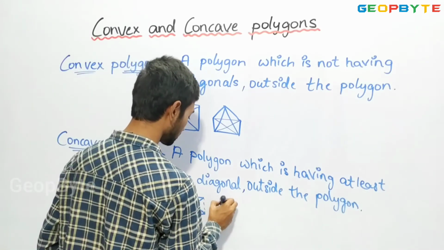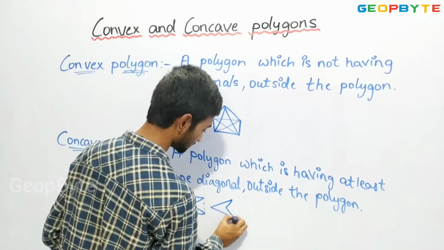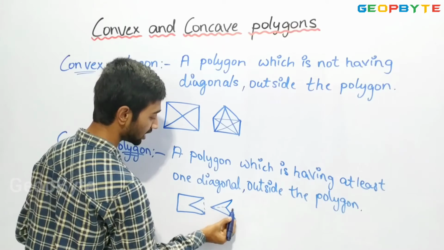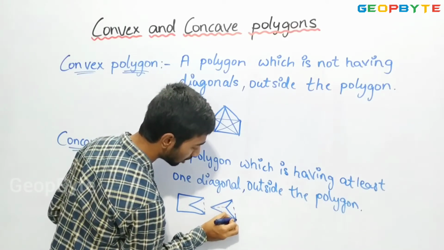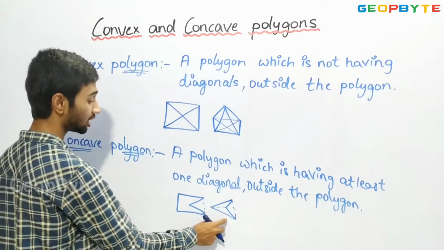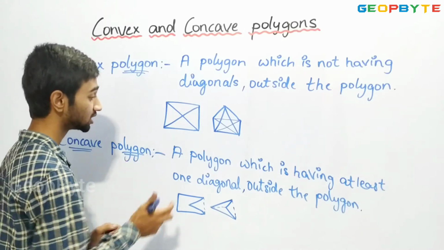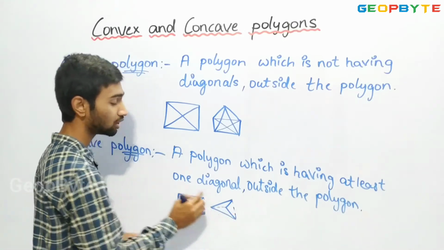And also for this type of figure, we have one diagonal inside the polygon and we also have a diagonal outside the polygon. So these types of figures are known as concave polygons, which have at least one diagonal outside the polygon.